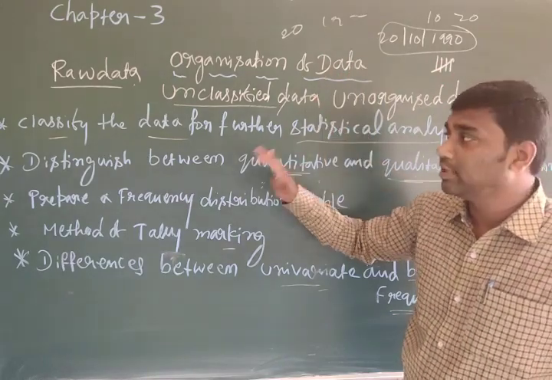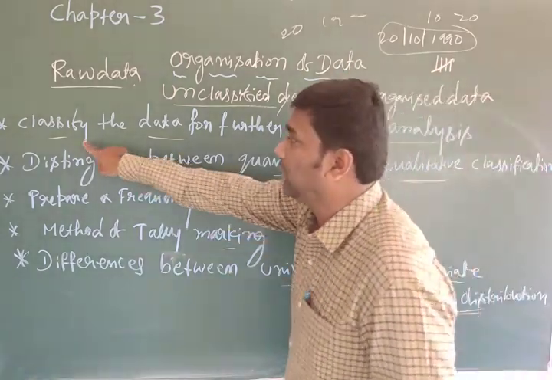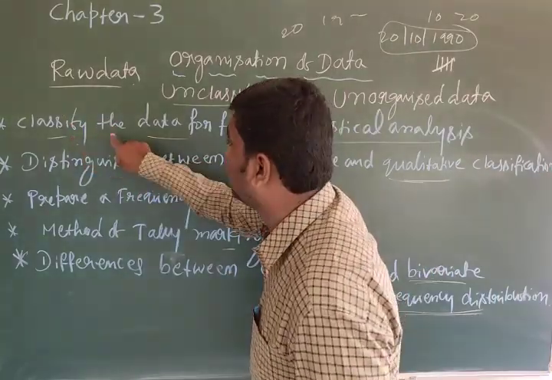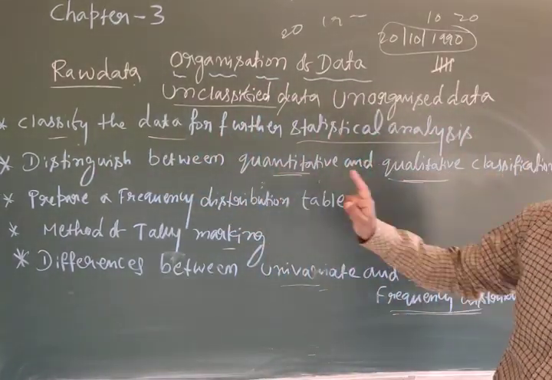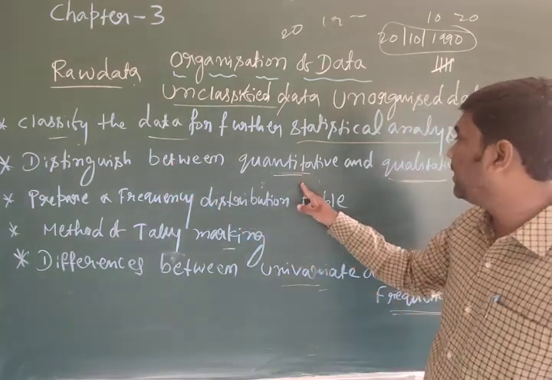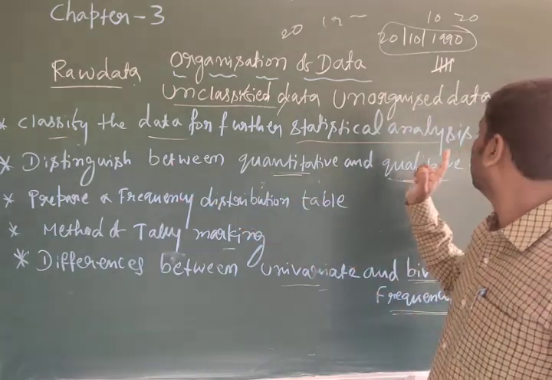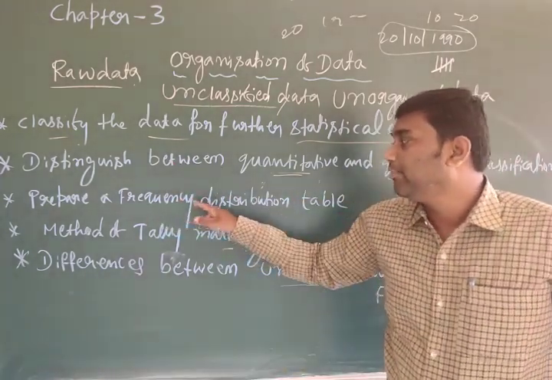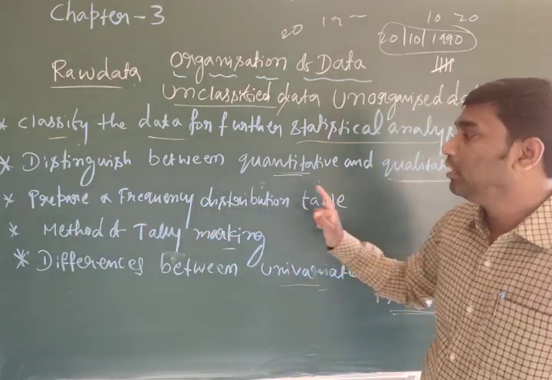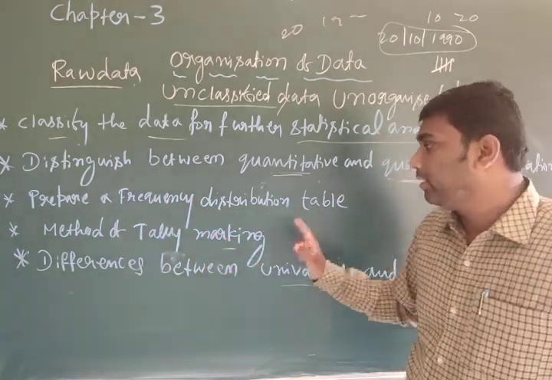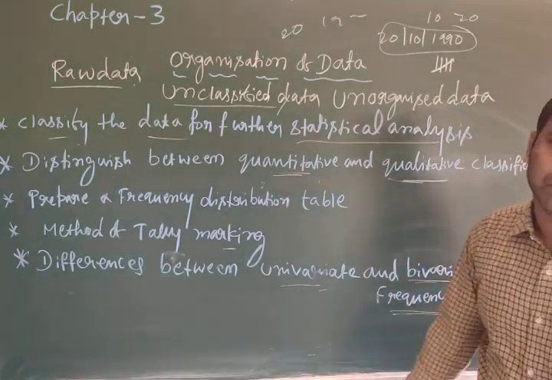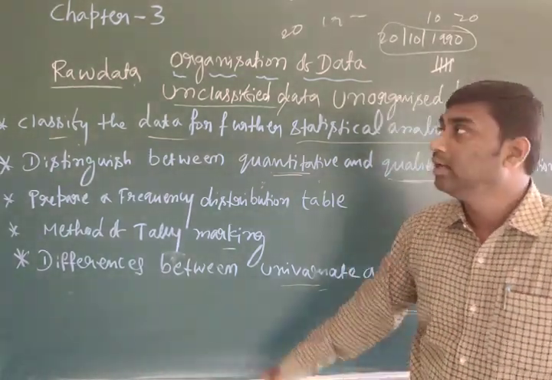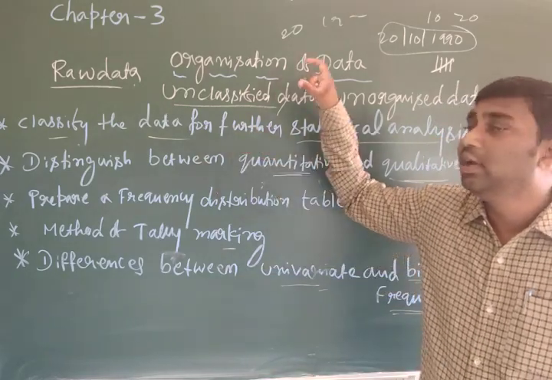Once again I repeat, in this chapter we discuss: classify the data for further statistical analysis; distinguish between quantitative and qualitative classification; prepare a frequency distribution table; method of tally marking; differences between univariate and bivariate frequency distribution.